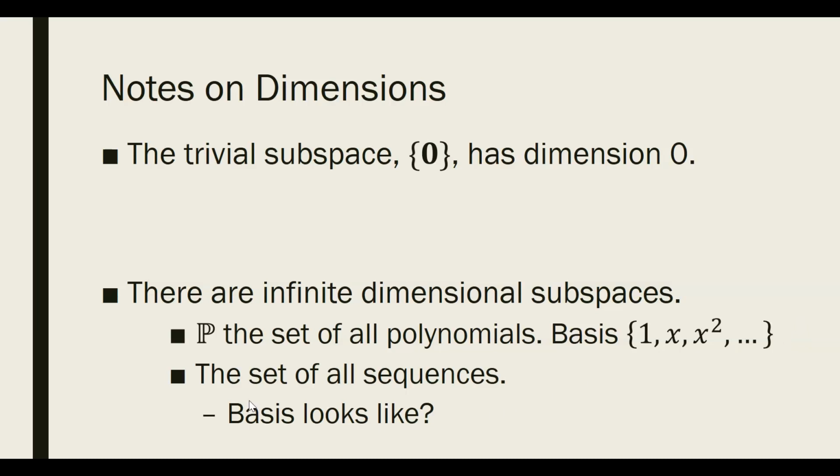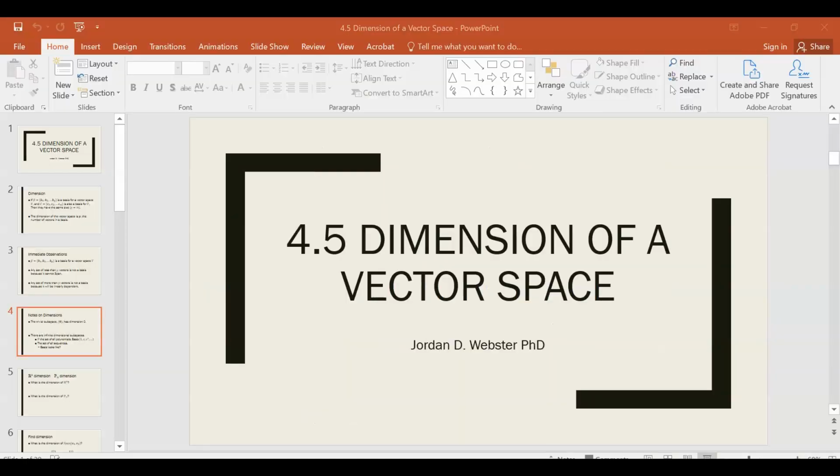The same thing holds for the set of all sequences. If you think about infinite sequences, an infinite sequence is just an infinite sequence of numbers. What would a basis look like for that? Or could we construct one? Let's think about this.